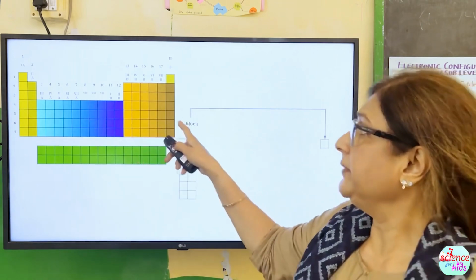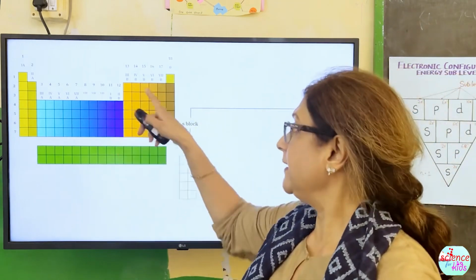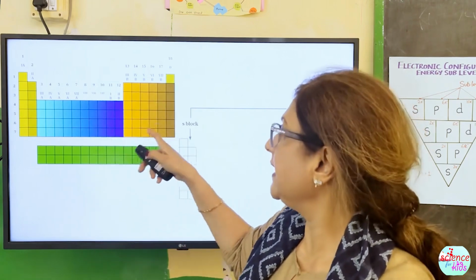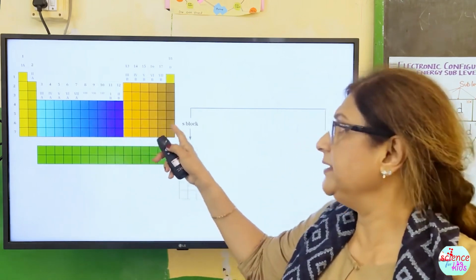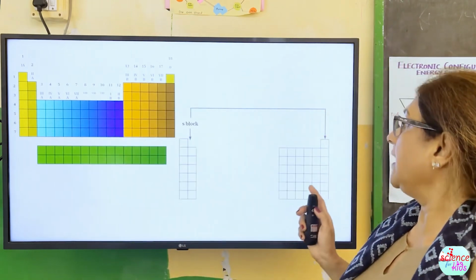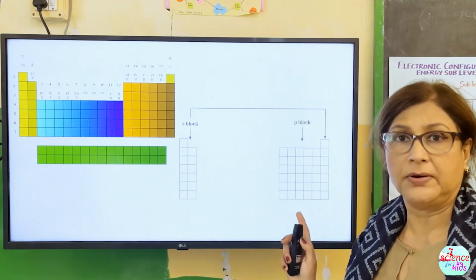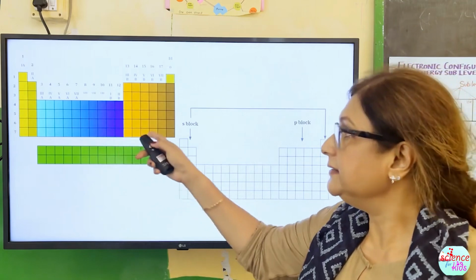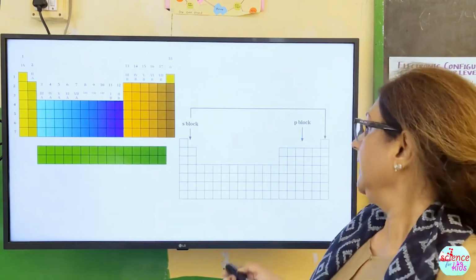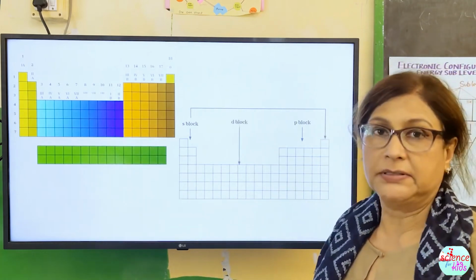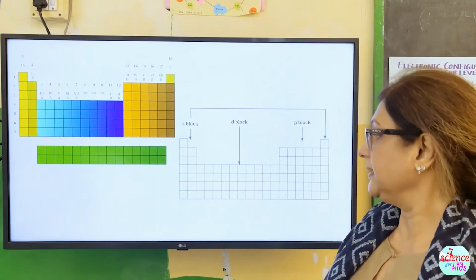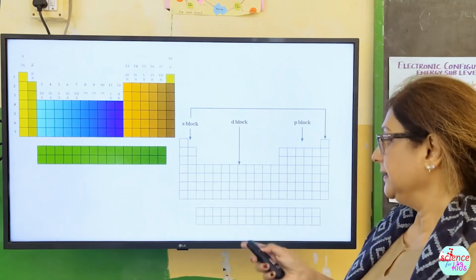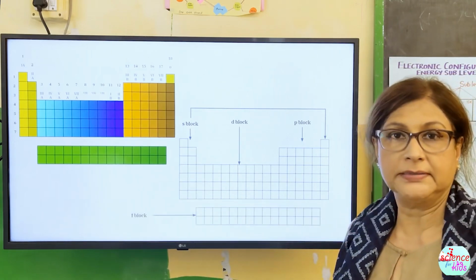Now on the right hand side, there is a big square which is orangish, brownish in color. These are known as the P block. In the middle, what you see here, the transition elements, this is called the D block. And the two rows at the bottom, the green ones, that's known as the F block.